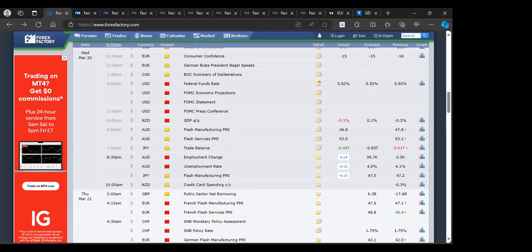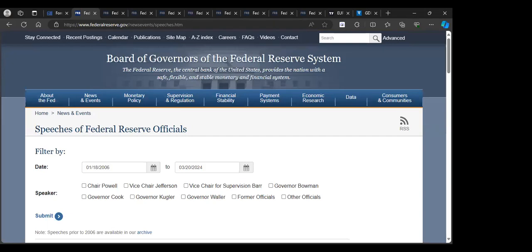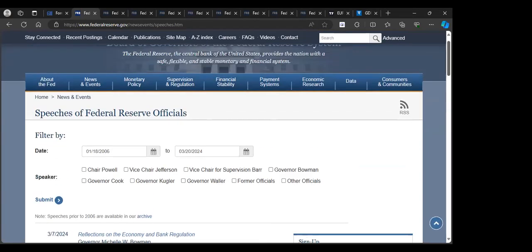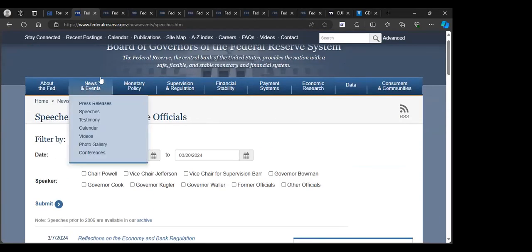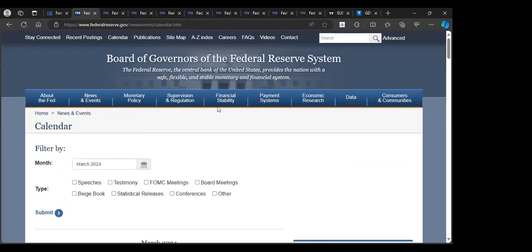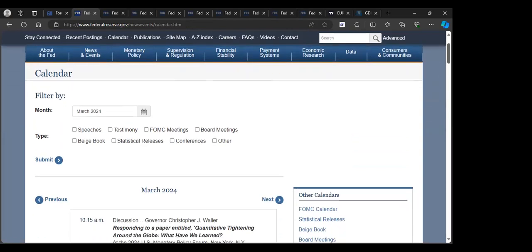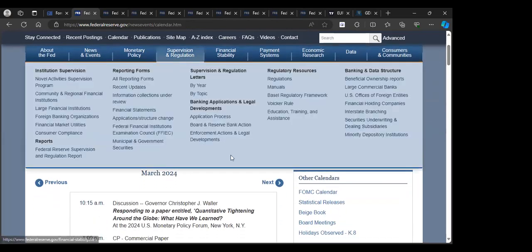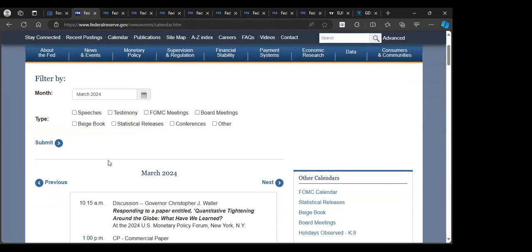So, as we continue to go throughout the year, if you don't know how to get to the Fed calendar, I am going to show that to you now. On the Fed's website, under news and events, there's a calendar here, and you can sort the calendar by however you want to see it.